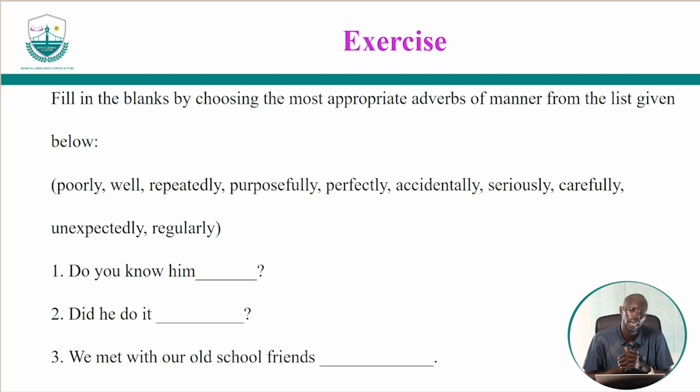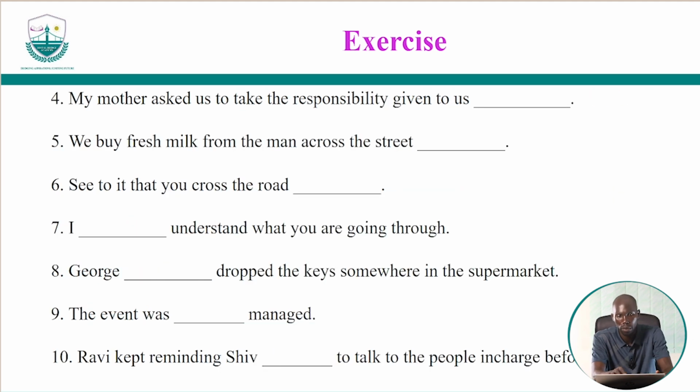The third sentence says, we met with our old school friends dash. Do you say recently? I don't even think recently has been used. Accidentally, perfectly, purposefully, seriously, carefully, repeatedly. I can't tell. Pick one of these adverbs of manner in the bracket and use it for answering the example sentences.